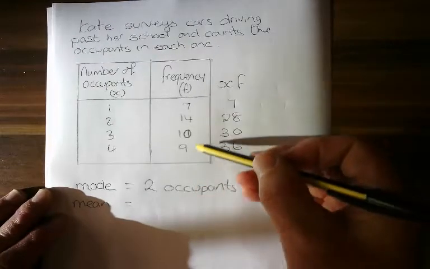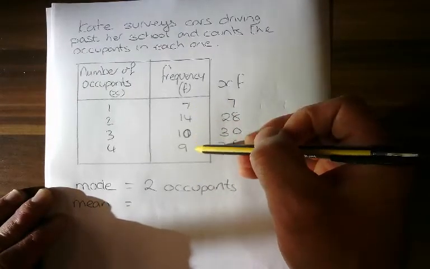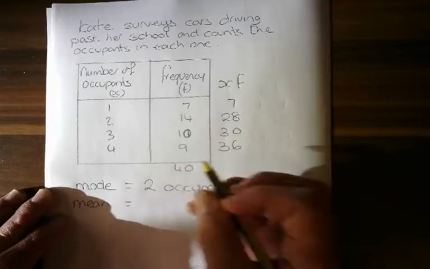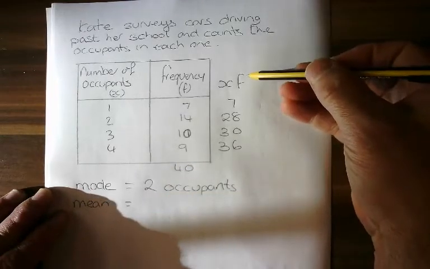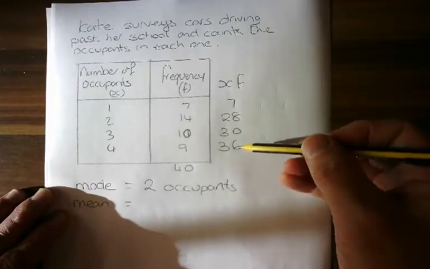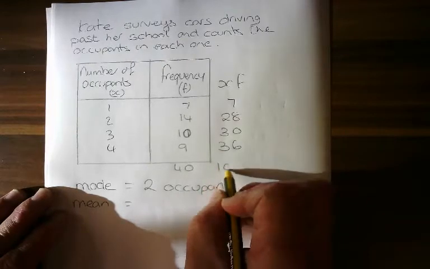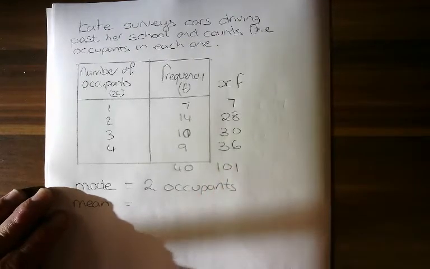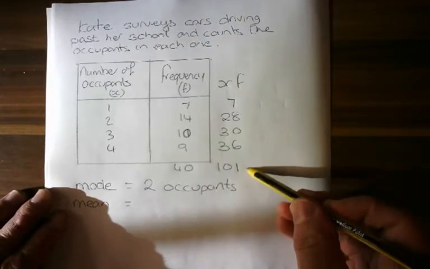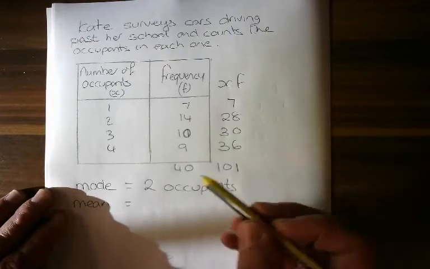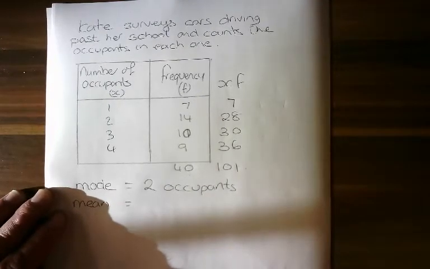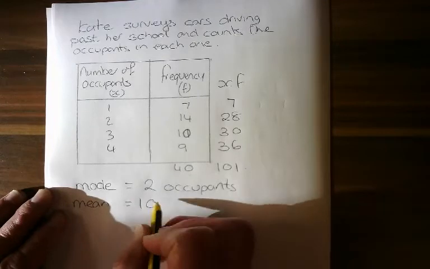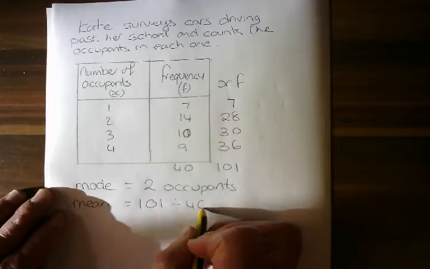We're going to get a total of the frequency, so adding these numbers together gives me 40. And then we get a total of this column, adding these together gives me 101. To calculate the mean, it's the total of the XF divided by the total frequency. So 101 divided by 40.